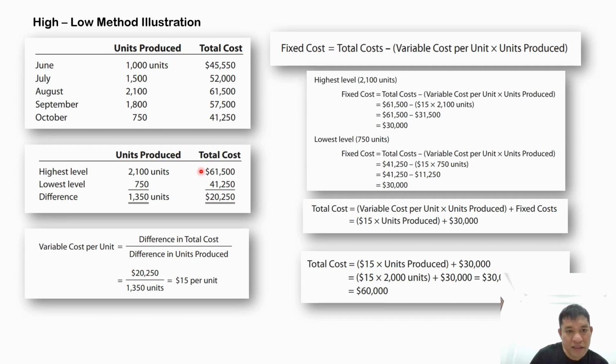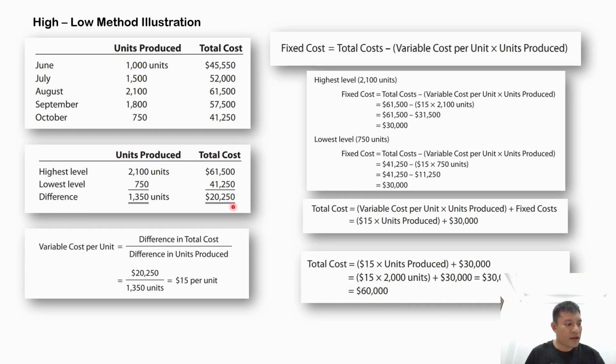And the lowest level is in the month of October, which is 750 units produced, and the total cost is $41,250. So, the difference between the highest and lowest level for the units produced is 1,350 units, while the difference between the highest and lowest level in the total cost is $20,250.